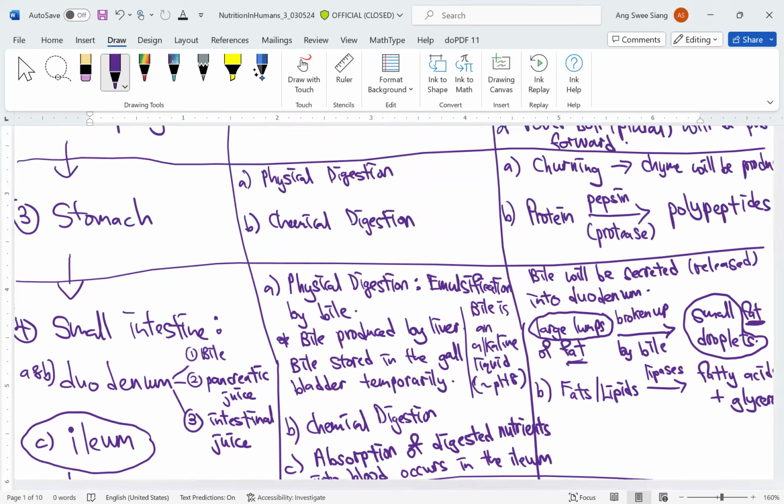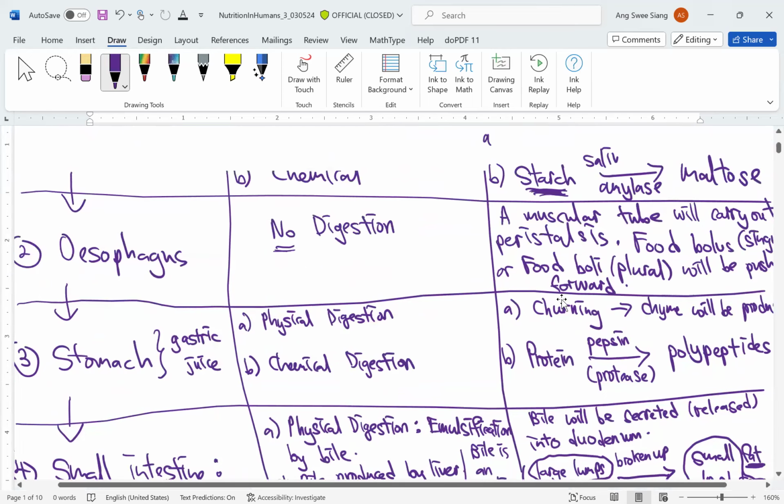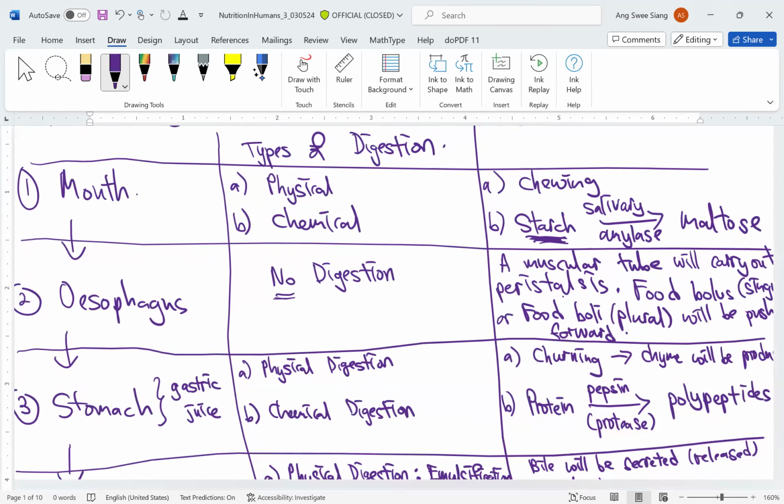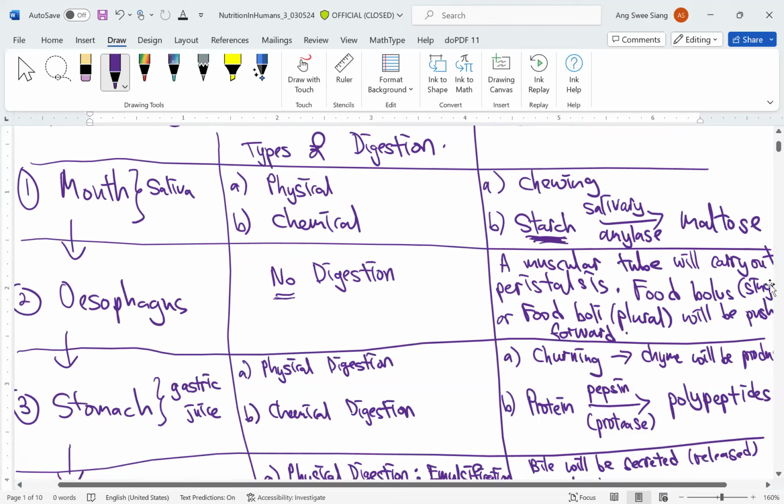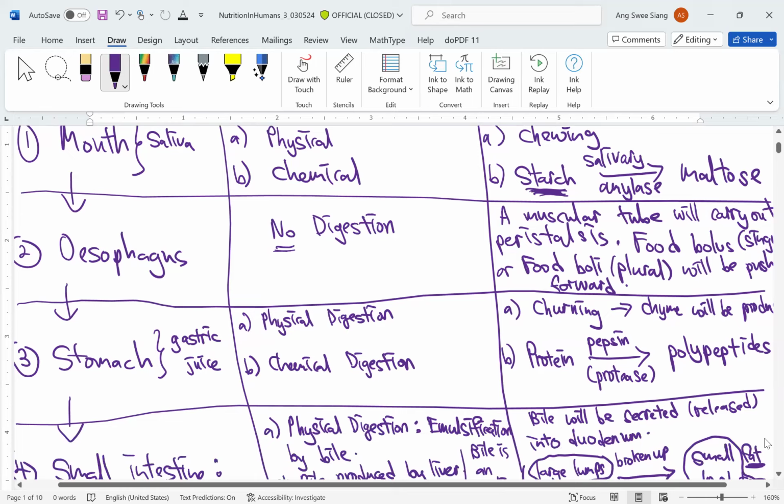Stomach is gastric juice. Then might as well also add in the detail for the mouth. In the mouth you get saliva. So you need to know where all these digestive juices are being secreted. I'm adding all these details for you.